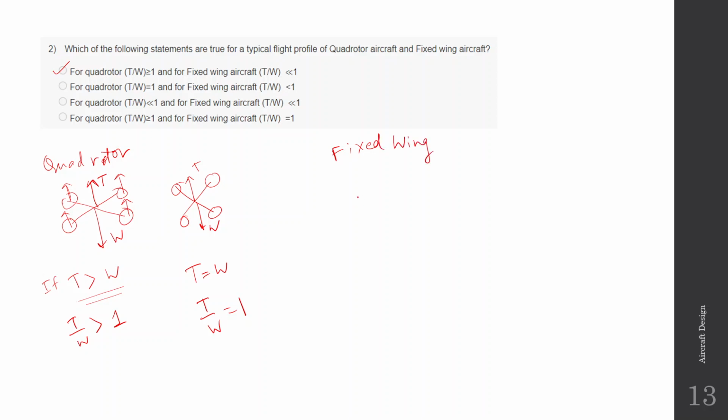But when you consider the fixed wing aircraft, the weight is supported by the lift. So the weight is not supported by the thrust like in the quadrotor case. Weight is supported by the lift, and the thrust is required to cancel the drag.